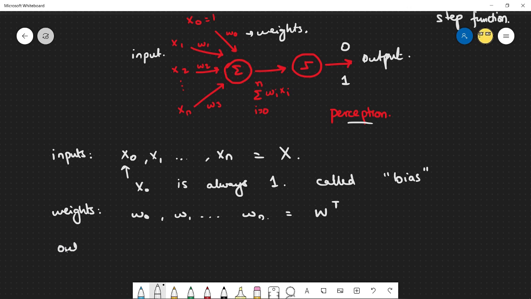And then I will also have an output function, right? That is being used as the step function here.